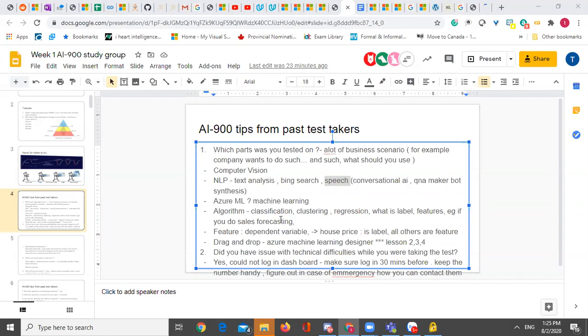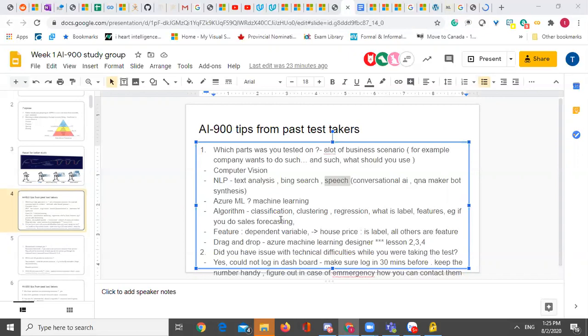One thing is that in this part they won't ask you for details of the parameters, but more about business scenarios, like in which scenario you would apply classification, or clustering, or regression, and we will also go through it today.